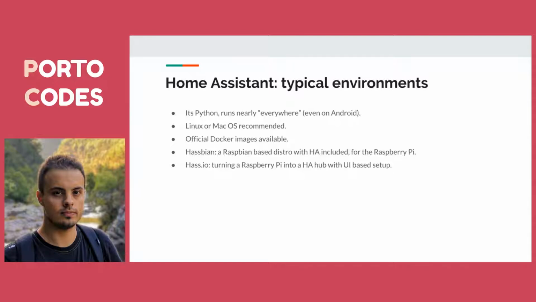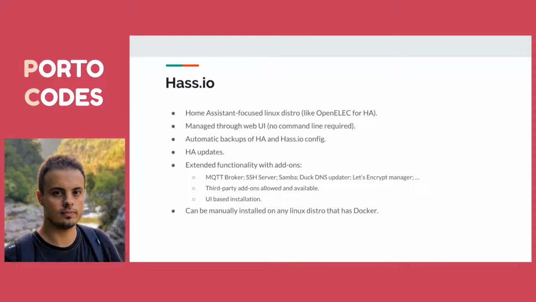There is also Hassbian, which is a Raspbian distribution that already includes Home Assistant. And finally, we have Hass.io, that is a solution to basically make a Raspberry Pi or Intel NUC into a Home Assistant hub.